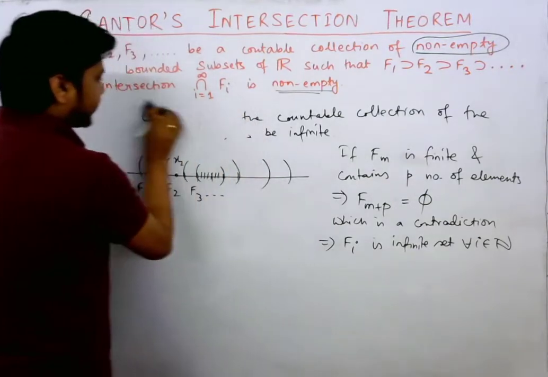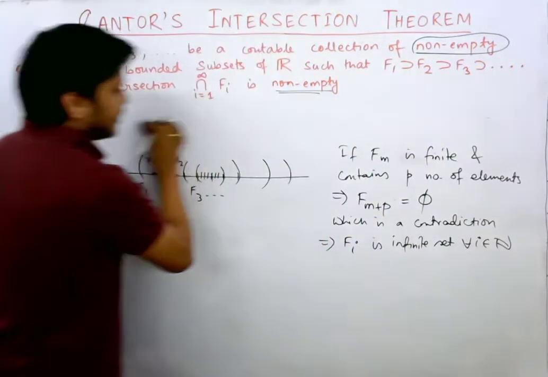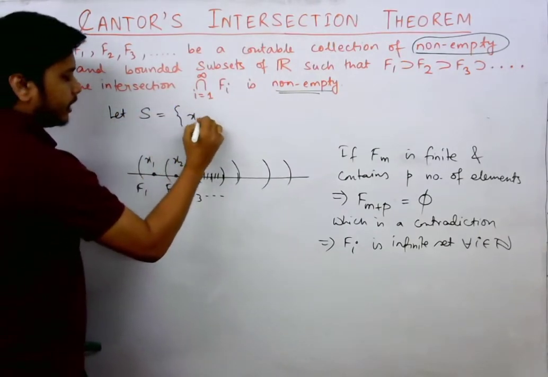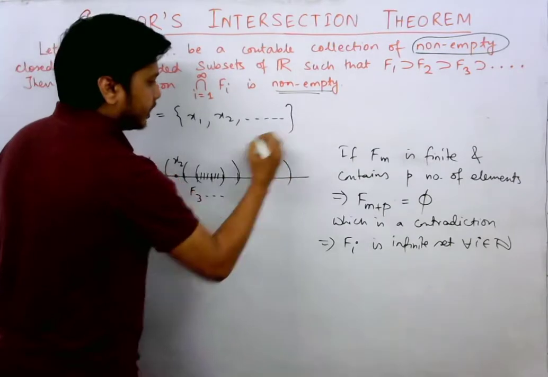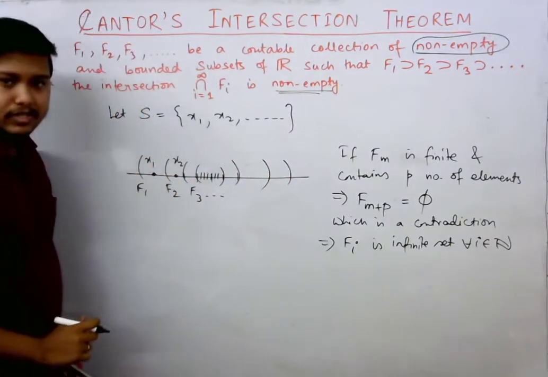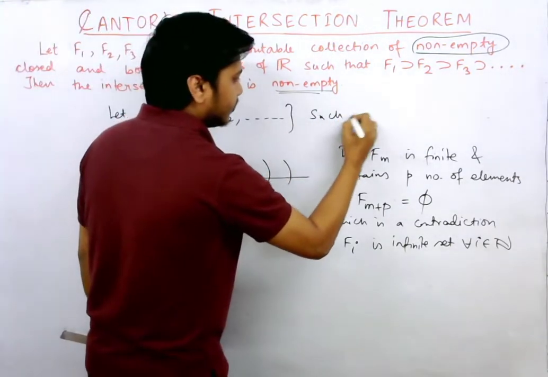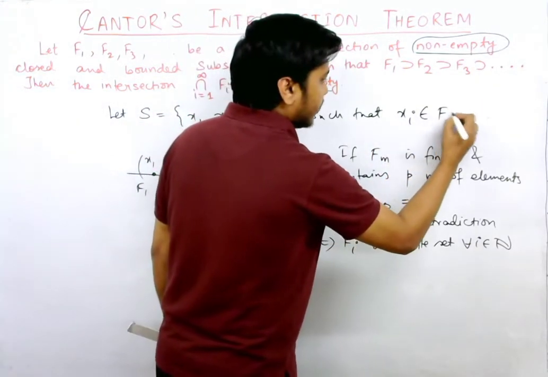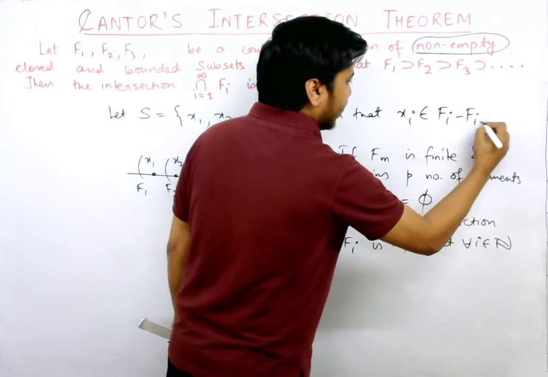So let's say I am taking these elements, let S equal x1, x2, dot dot dot, like this it will go on. And how am I choosing this x? Such that xi belongs to Fi minus Fi plus 1.